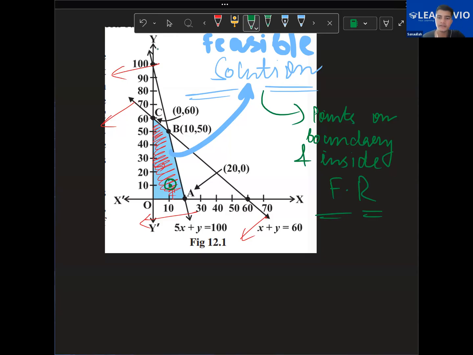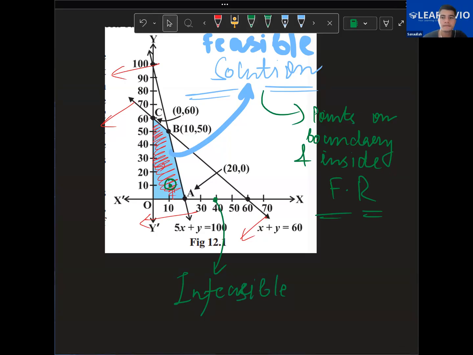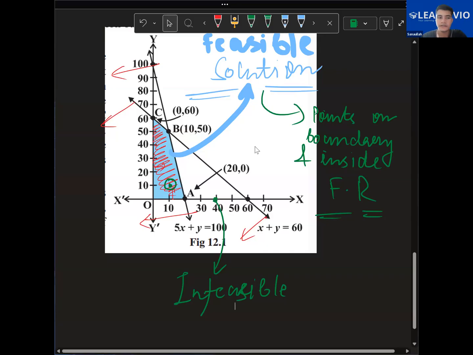And obviously जो point इससे बाहर lie करेंगे, they are infeasible solutions, right? Like this point, this 40 is infeasible. Is it clear? So this was the graphical method, है ना?